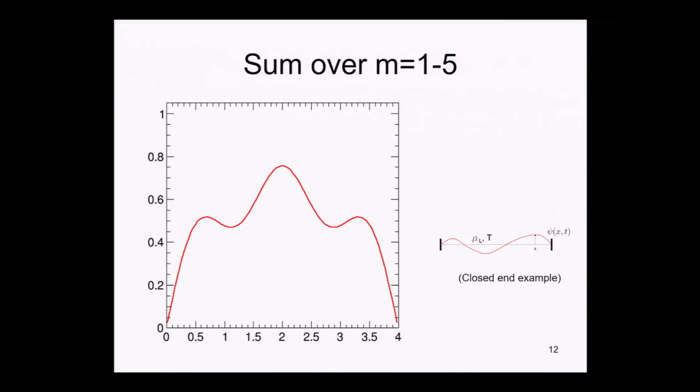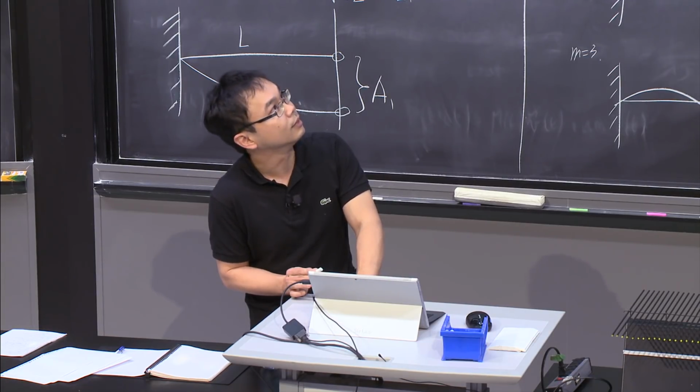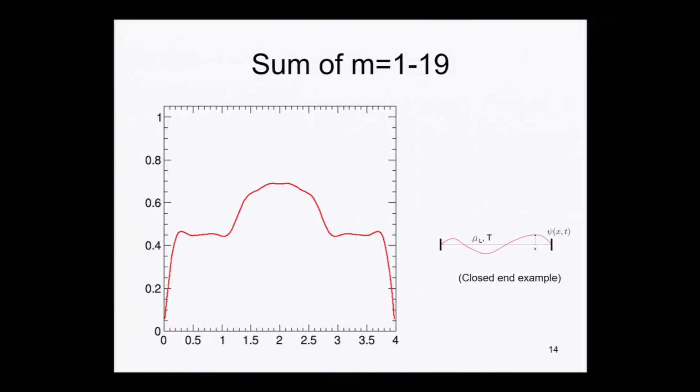And if you increase 1 to 5, it's evolving as a function of n, becoming more and more strange in shape, right? And this is including the summation from the first term to the 11th term, right? And finally, 11 to 19.